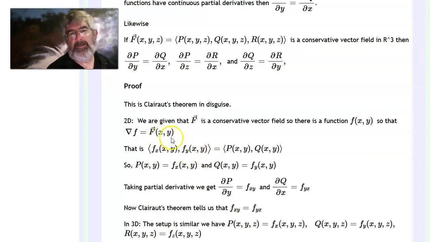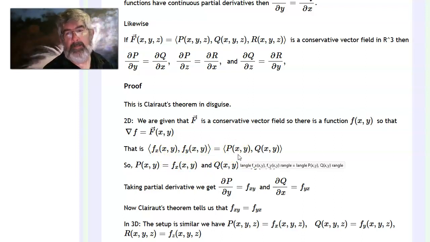So that has to equal capital F, which is P comma Q, the x and y components of capital F. So the first component of the vector field, P, has to equal the first component of the gradient, which is the partial of f with respect to x. Likewise, Q has to equal the partial of f with respect to y.